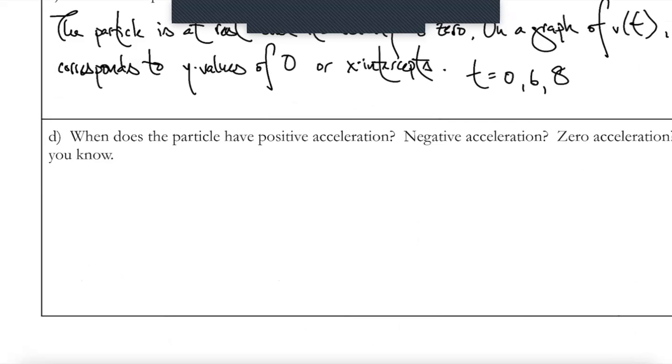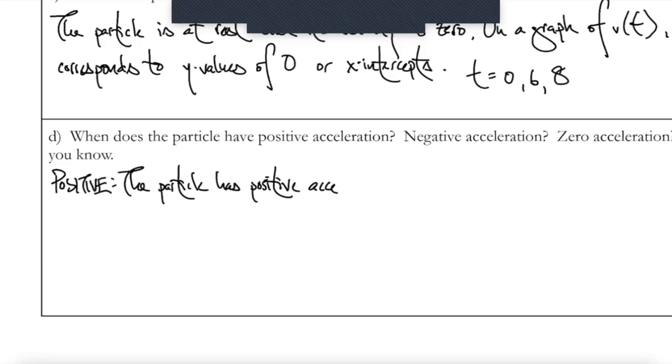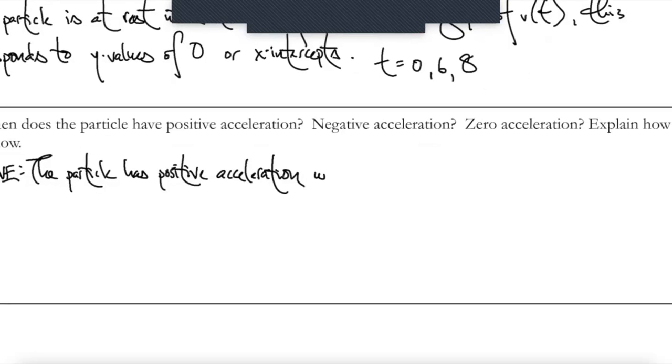And so we could say for the positive one, let's see, the particle has positive acceleration when the slope of velocity is positive.